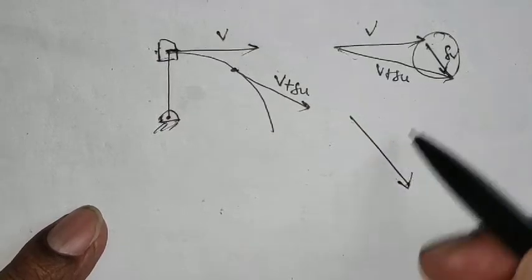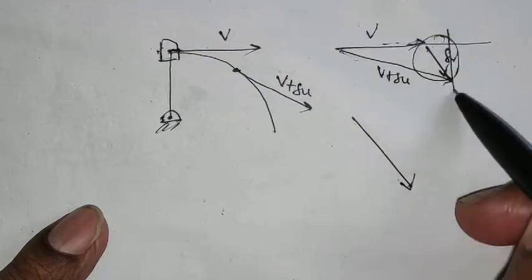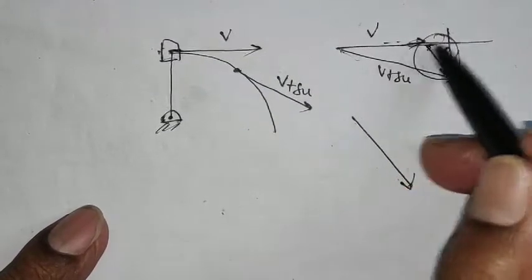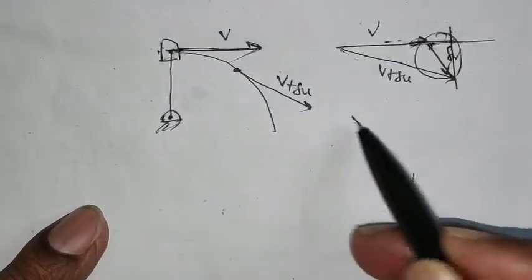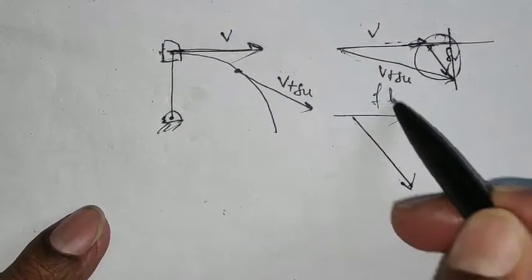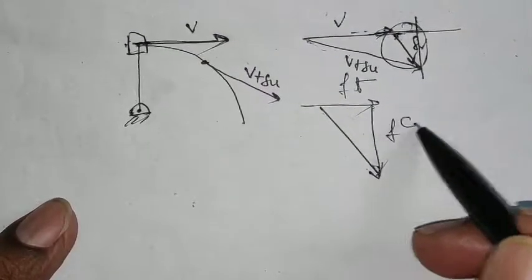So this acceleration is actually along two components. One is along this line, which is called the tangential acceleration, and the other is called the centripetal acceleration.